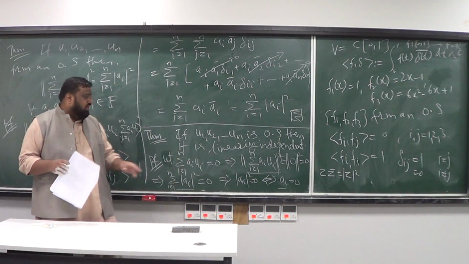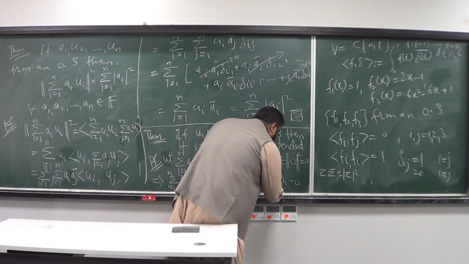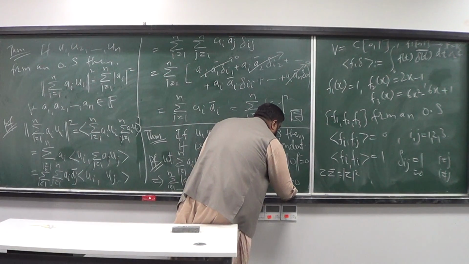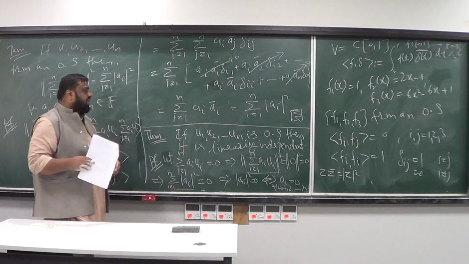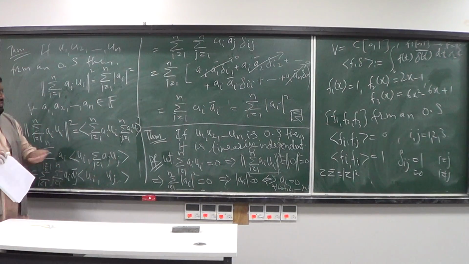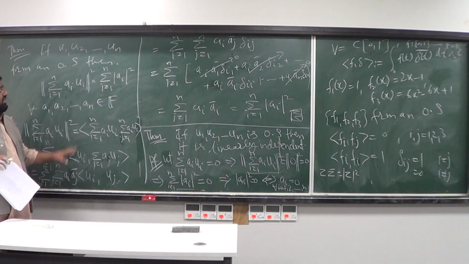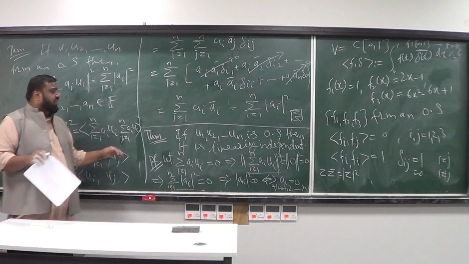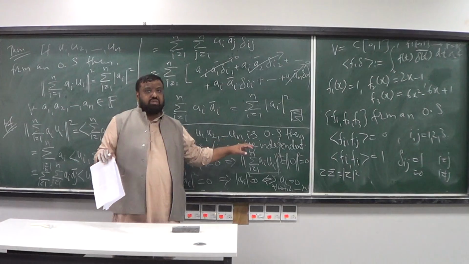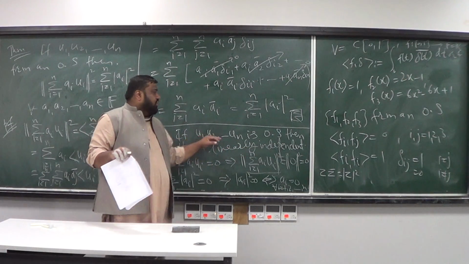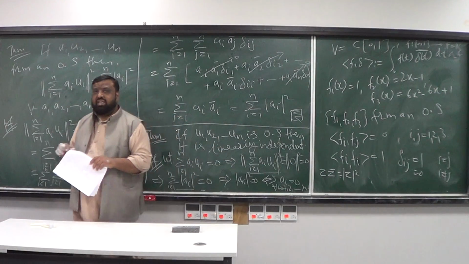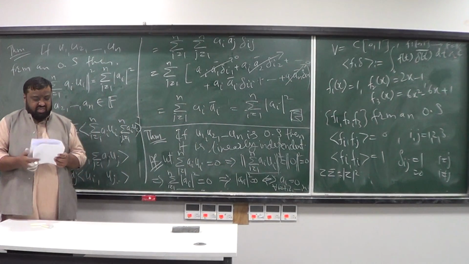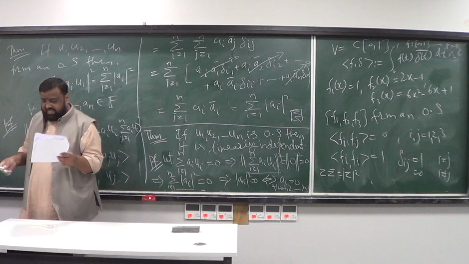So all of these ai's must be 0 for all i equal to 1 to n. What is the consequence of this result? If you have a finite orthonormal system, then all vectors in that orthonormal system must be linearly independent. They can't be linearly dependent.